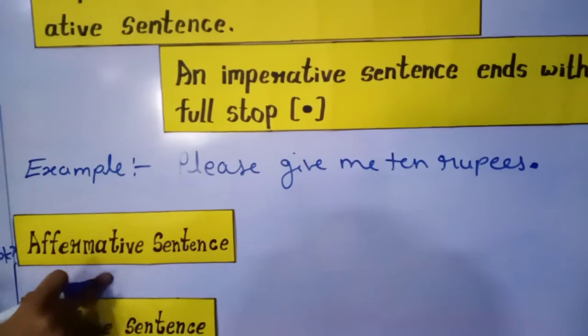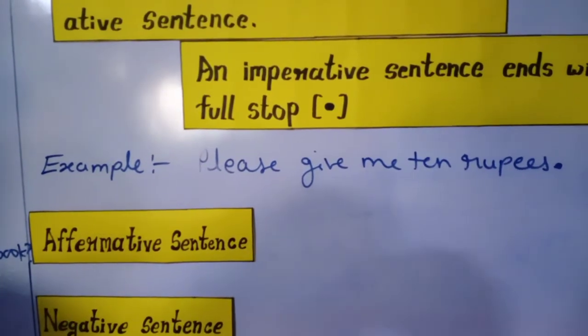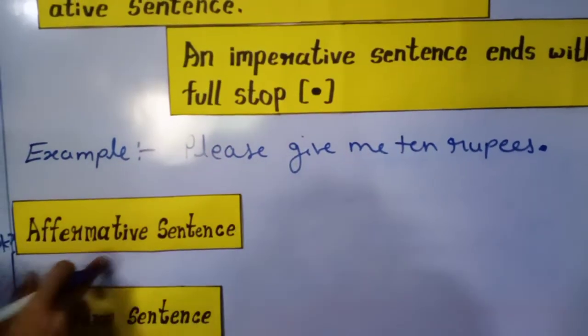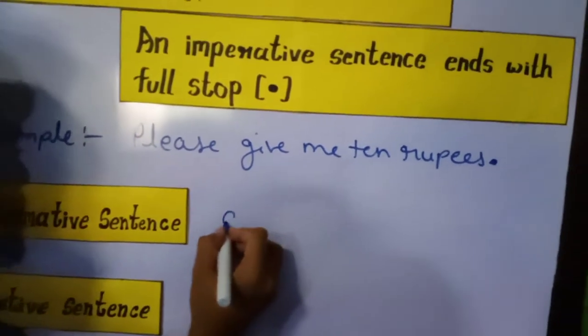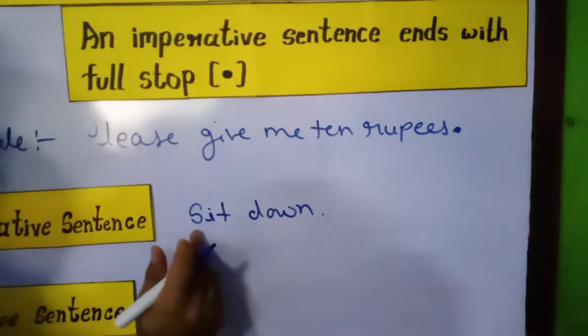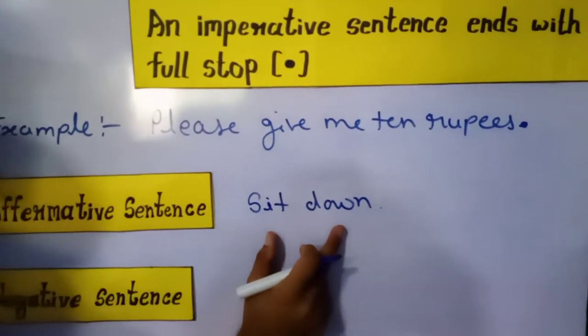Now imperative sentence also should be affirmative sentence as well as negative sentence. So whenever we are talking about the affirmative sentence, sit down. We are saying sit down, means we are commanding to them sit down.